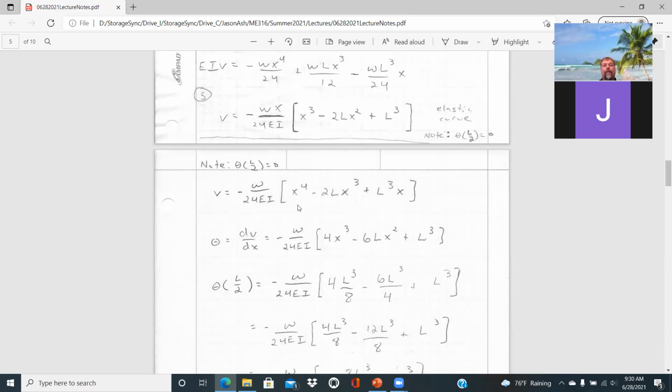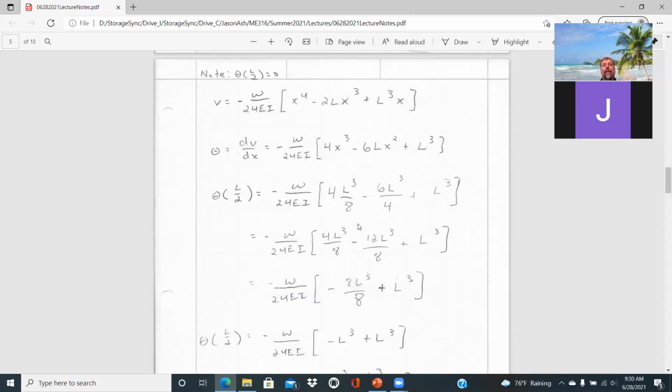Then if we take the derivative of that, this is all a constant out in the front. And so we end up with 4x cubed minus 6Lx squared plus L cubed. If we plug in then theta at L over 2, we'll end up with 4L cubed over 8 minus 6L cubed over 4 plus L cubed.